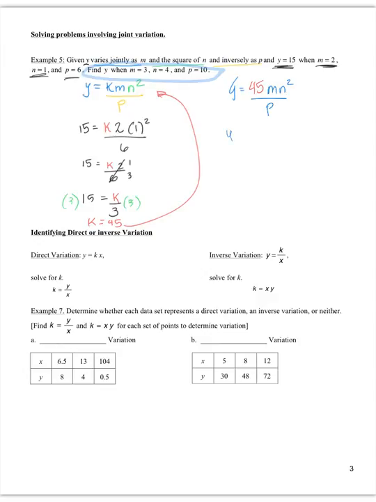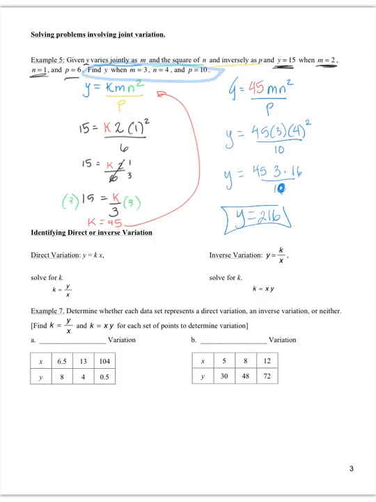So we are finding y when m is 3 and n is 4 and p is 10. So I'm just simplifying the right-hand side. 45 times 3 times 16 over 10. And if I multiply everything in the numerator and divide by 10, I'm going to get y equals 216, and we're done.